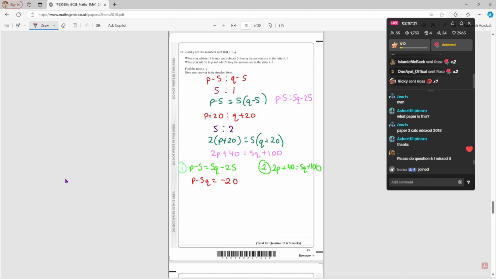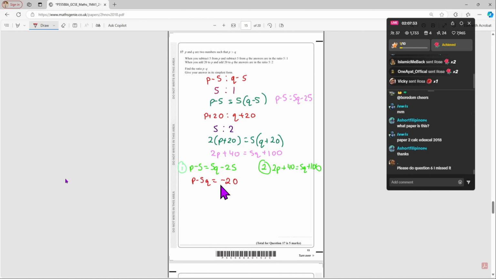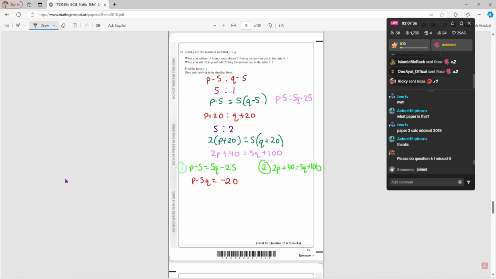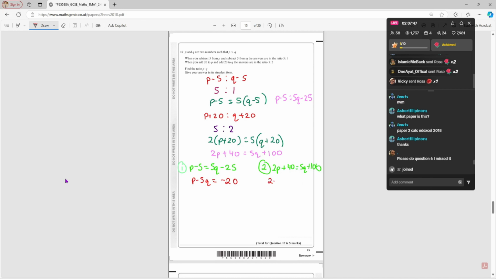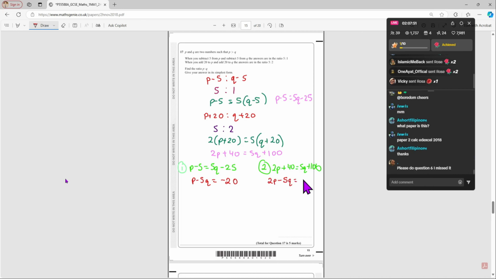Basically, we move all the letters to one side of the equation and all the numbers to the other side. I'm going to do the same thing here. We minus 5Q and minus 40, which gives 2P minus 5Q is equal to 60, because 100 minus 40 gives you 60. Now those are our two simultaneous equations simplified.